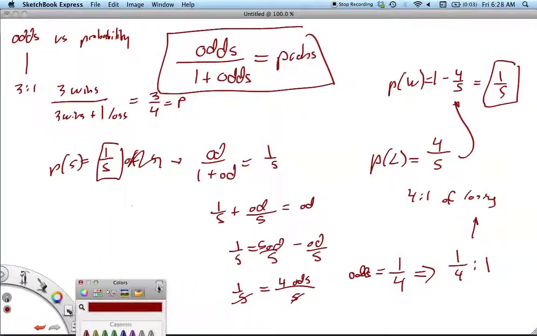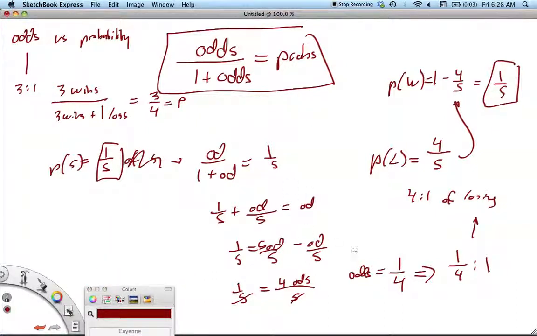Okay, so the point is just to see that you can interchange between the two. And this becomes very important in logistic regression because your entire interpretation of the model hinges on keeping this equality in mind at all times.